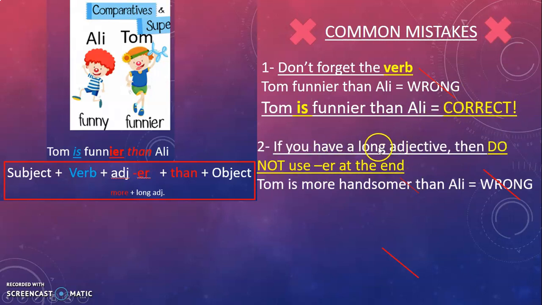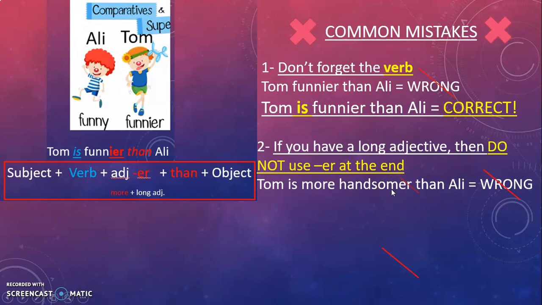Mistake number 2. If you have a long adjective, then do not use ER at the end. For example, we don't say Tom is more handsomer than Ali. This is wrong. Why? Because handsome, how many syllables can you hear?